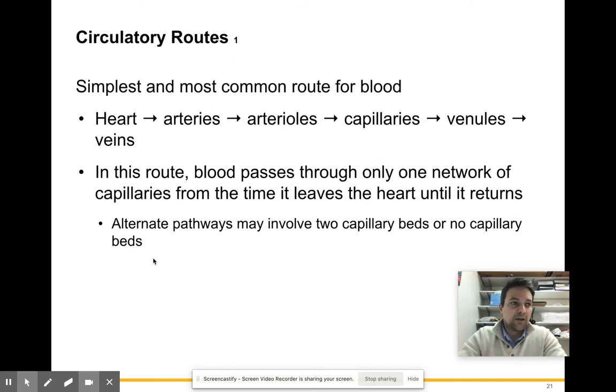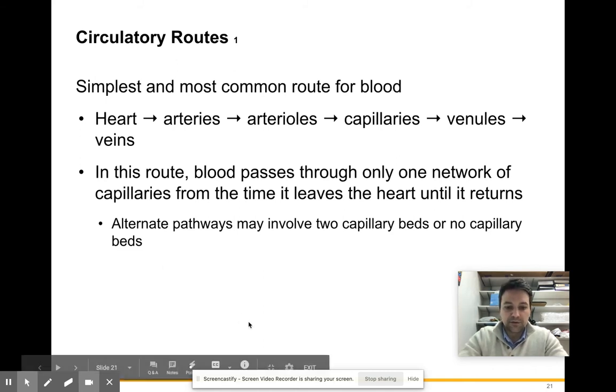I'm going to bring up pictures of arteries and veins throughout the body, and we are not going to need to know every single one in the picture. If you were a med student, then yes, and if you go to medical school, you'll have to deal with that. But for our purposes, we're not going to need to know that.